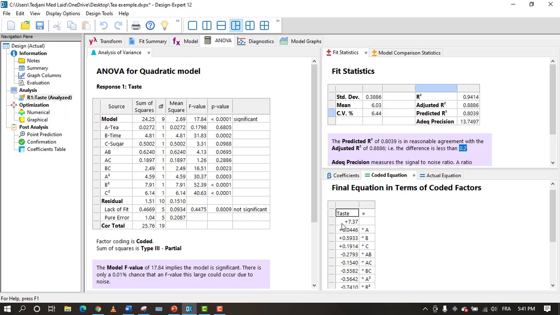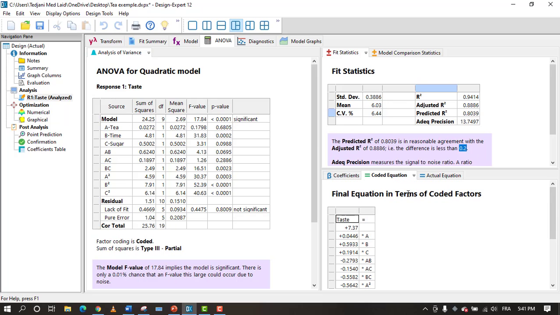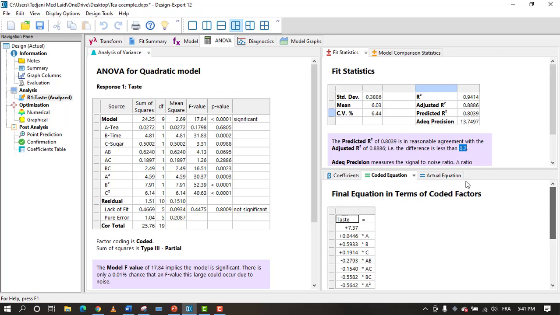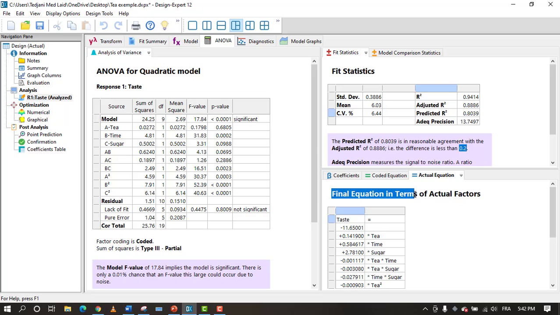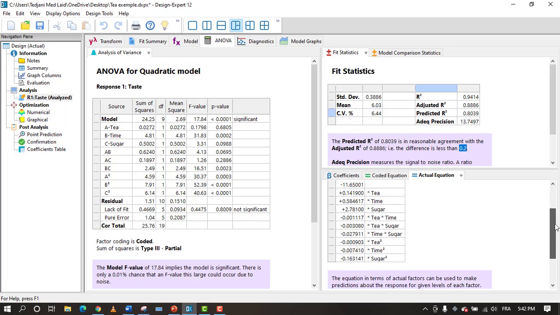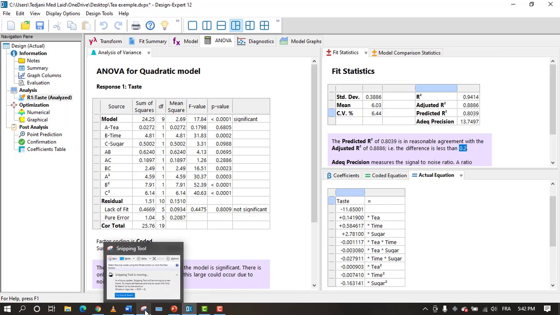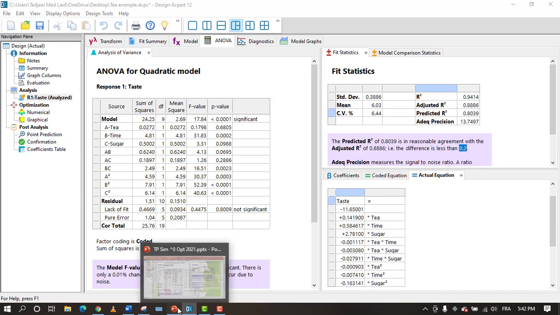Here in the second area, we have the final equation in terms of coded factors. From here we can take our equation in terms of coded factors, which means terms between 1 and -1, or we can take our equation in terms of actual factors, with the names of variables and their actual values, as we can see in this PowerPoint.